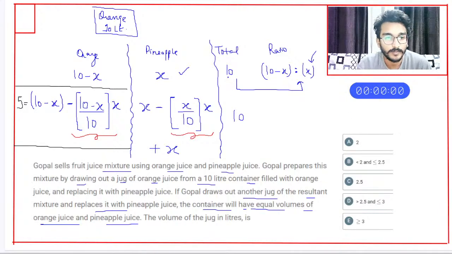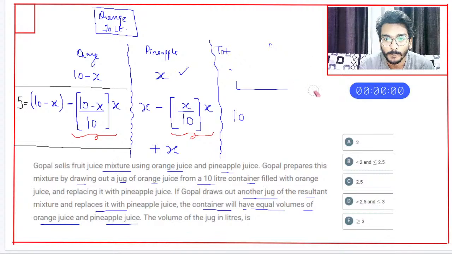So when I make them equal to 5 liters, let me solve it here. Solving this equation, I'm taking 10 minus x as the common bracket.